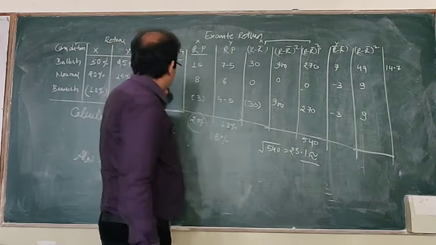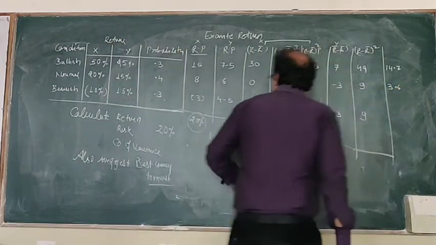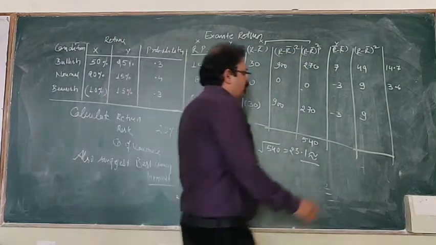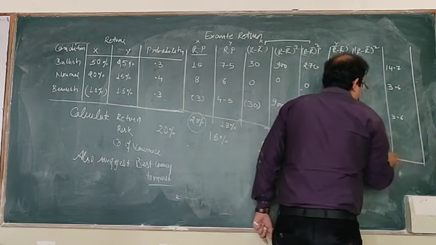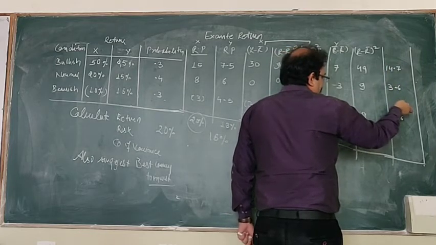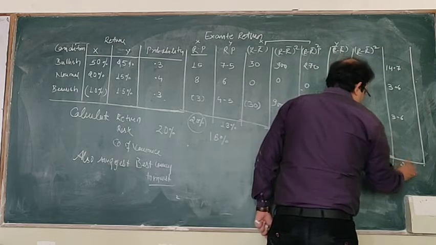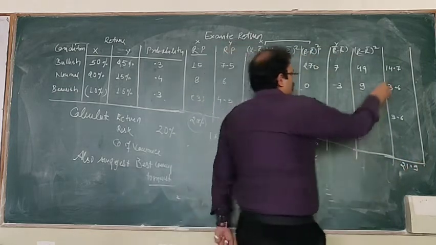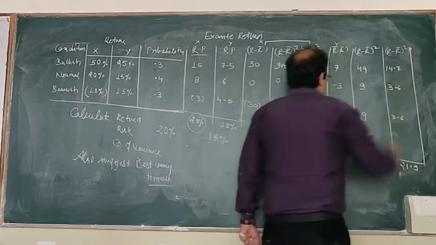9 into 0.4 is 3.6. Then 0.3 into 9 again is 2.7. So the value will be 14.7 plus 3.6 is 18.3, plus 2.7, that is 21. Summation R minus R bar whole square into P is 21.